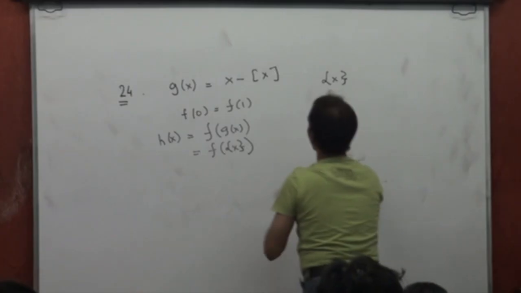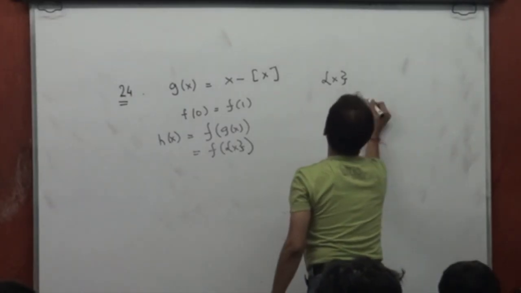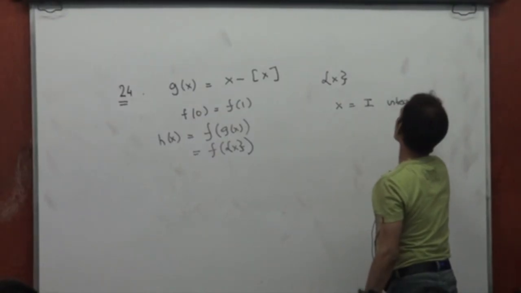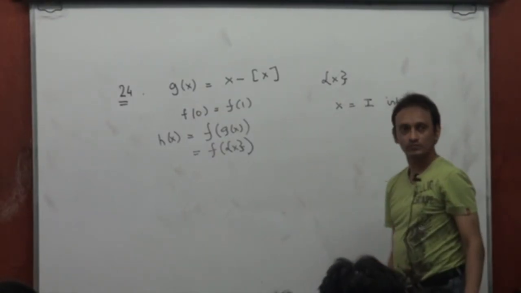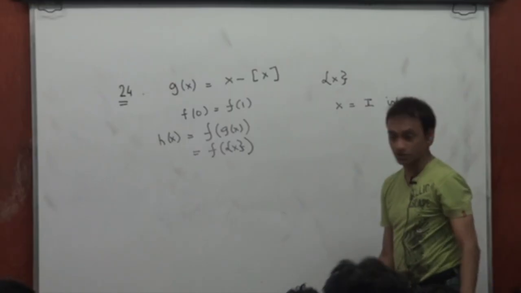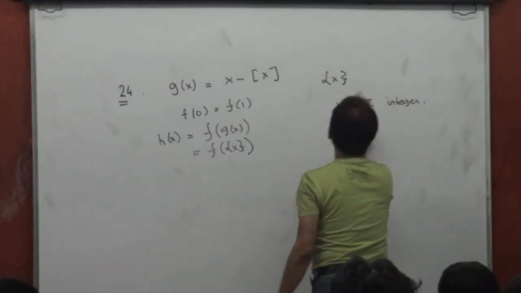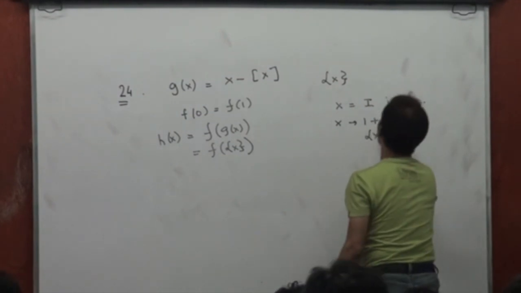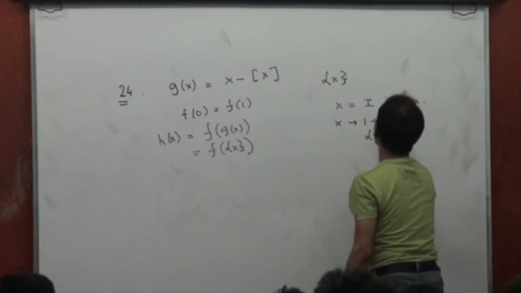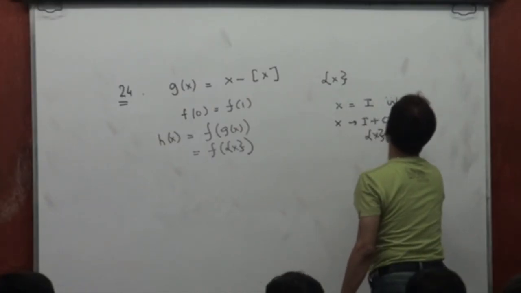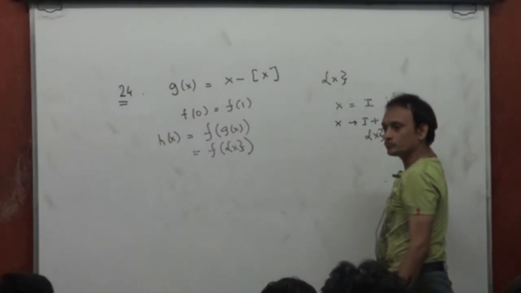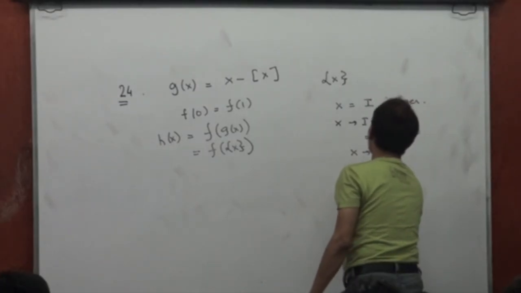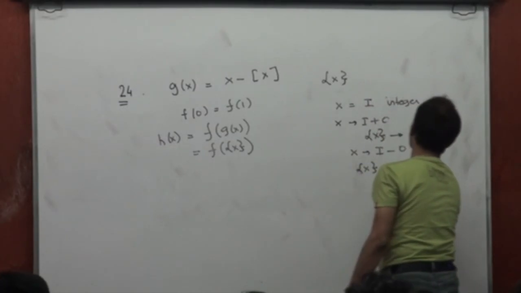Now, let's say x equal to I is an integer. Then, as x tends to I from the greater than I side, the fractional part of x tends to 0. As x tends to I from the less than I side, the fractional part of x tends to 1. Yes or no?